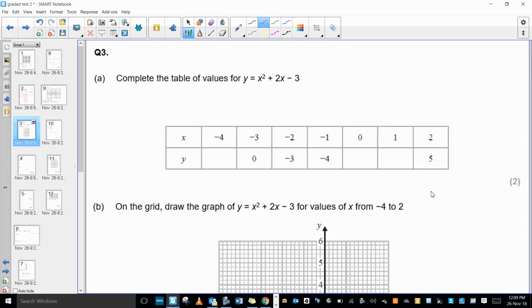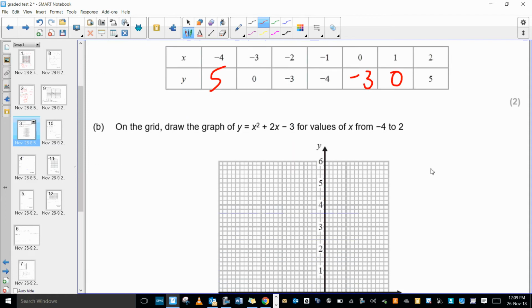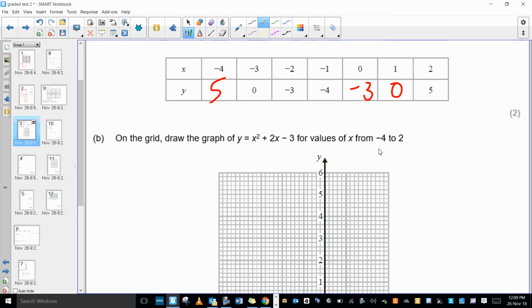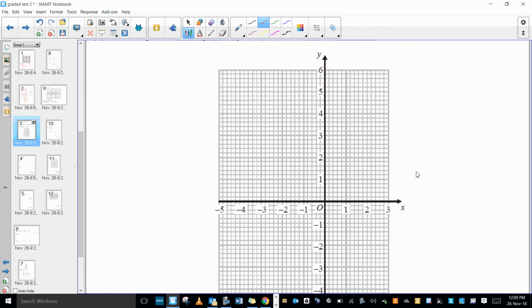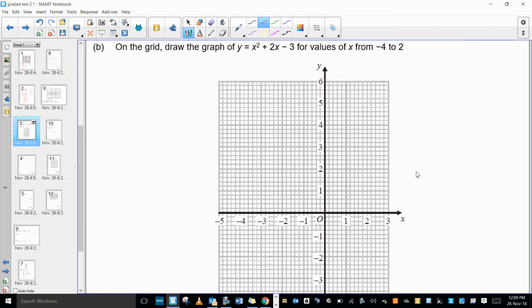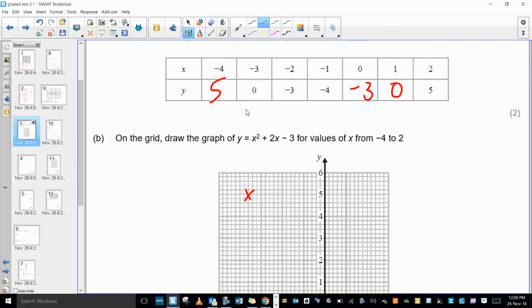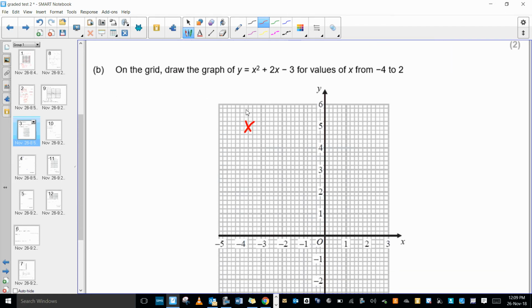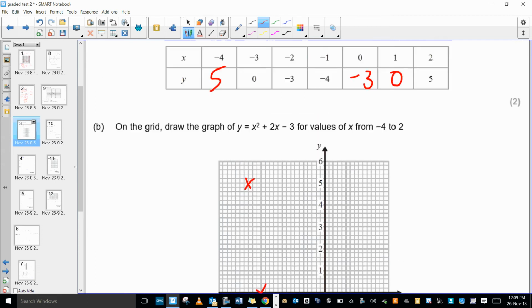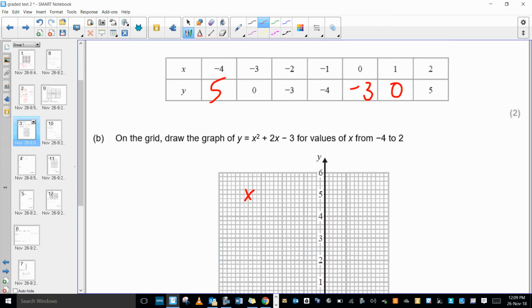Oh, completely change the values. I'm just going to copy these. -3 and 0. Okay, we need to plot them. So -4, 5. It's quite hard to see on the screen. Negative 3 is 0. Negative 2 is negative 3.